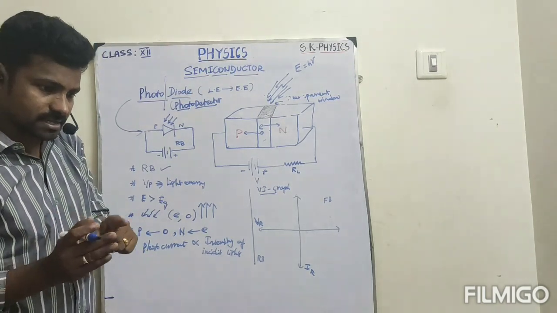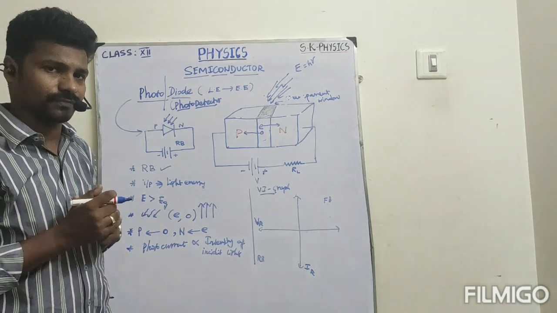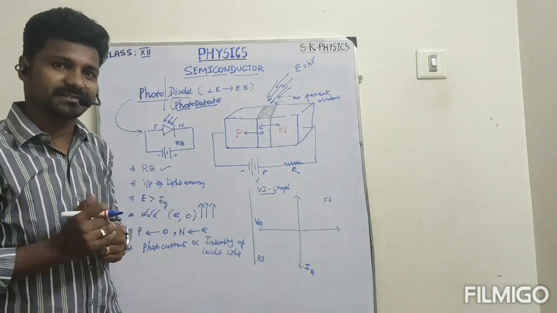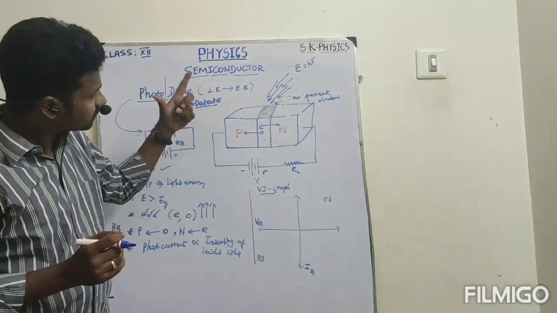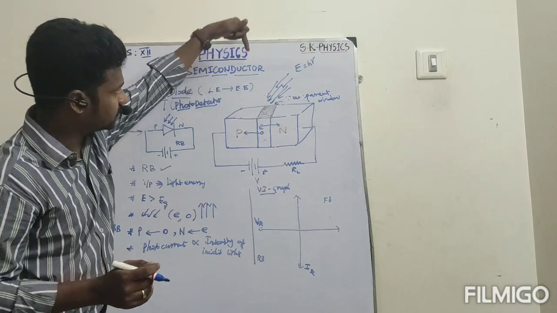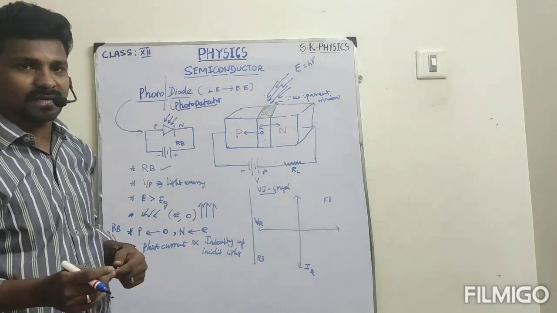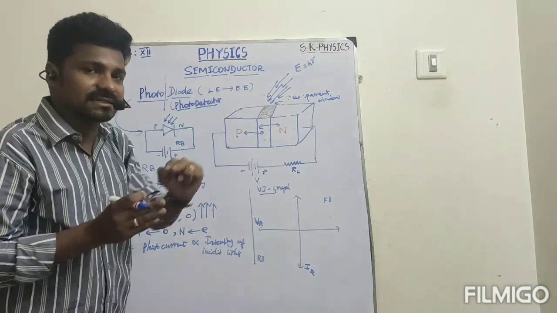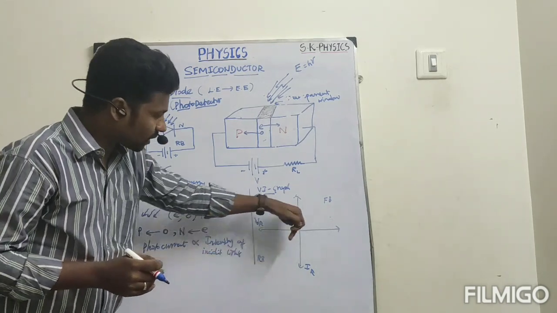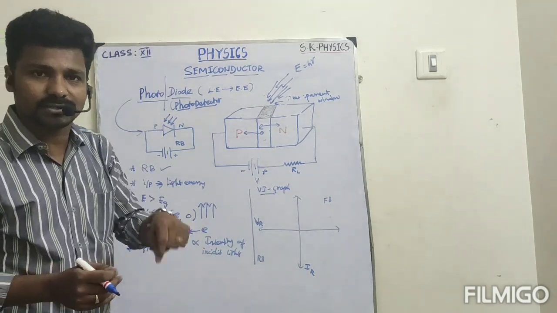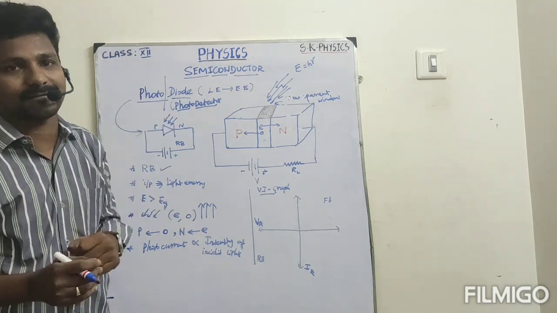Generally as intensity increases the photo current increases, but there is also some limit. Even if you increase the input intensity more and more, after reaching a certain stage the photo current becomes constant. That is, it has reached the saturation level.